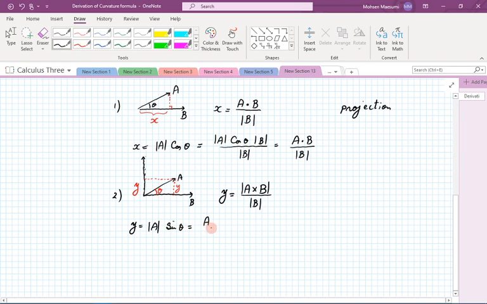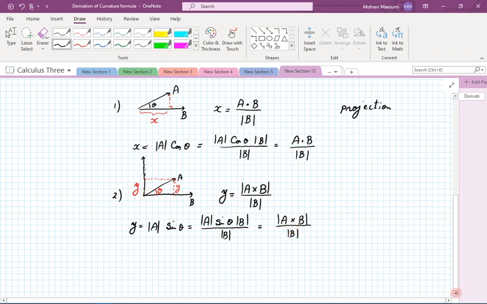I write A sine of theta times the length of B over the length of B. Now A sine theta times B, that's the length of the cross product of the two vectors A and B, divided by the length of B. So that shows that the length of the normal projection of A on B has this magnitude.